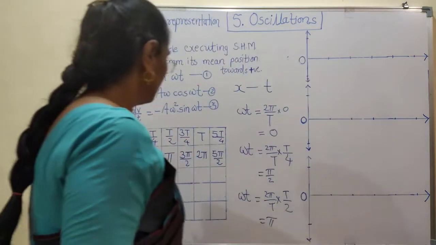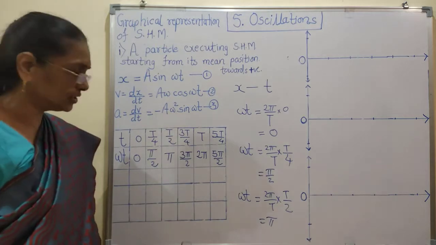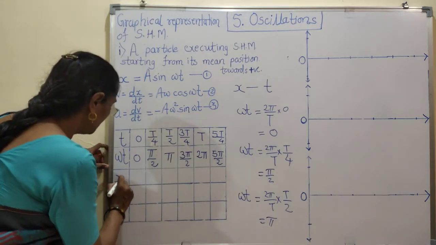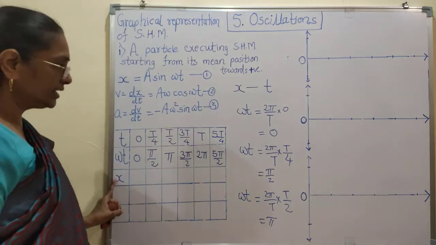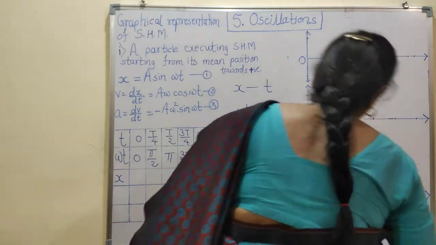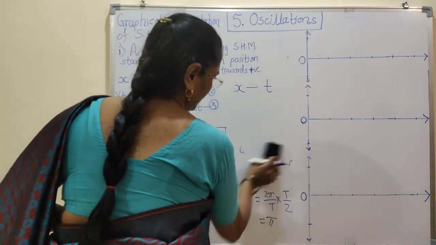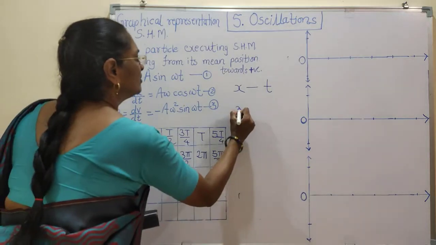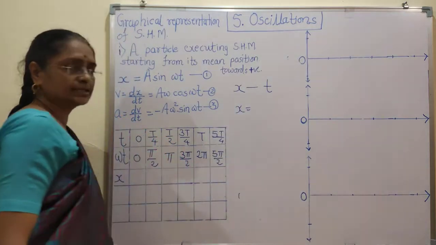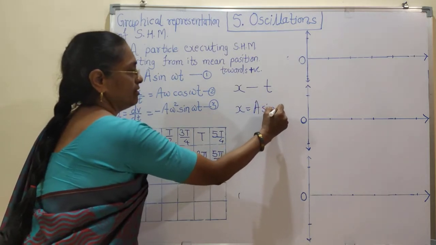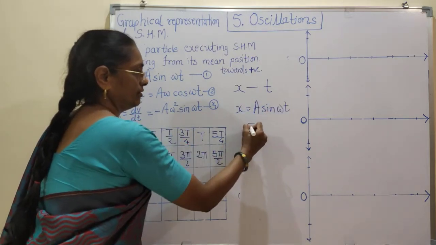Here, if we have such values, then we can write the values of x. How can we determine x here? Consider the expression for x. x is equal to a sin omega t.